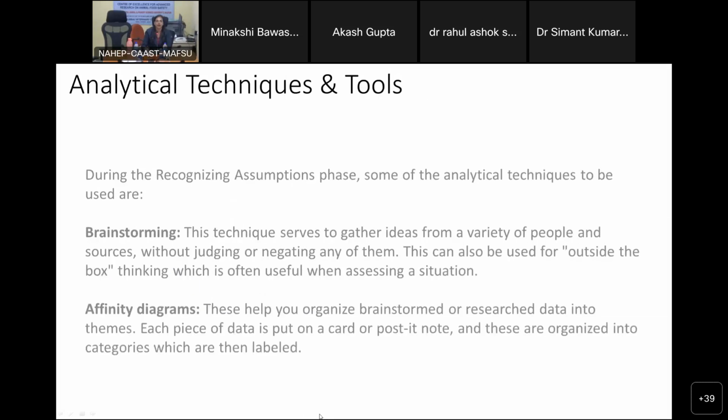Then the analytical tools and techniques. This is one which is brainstorming. You understand what brainstorming is? Yes? I gave you some situation and I said discuss in group. That's nothing but brainstorming. You are coming up with your ideas. When you're brainstorming, always give a chance and listen to everyone.